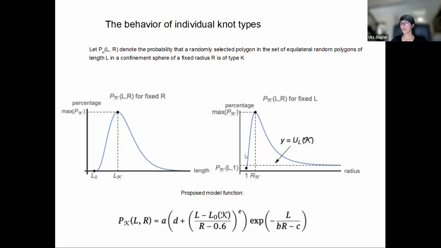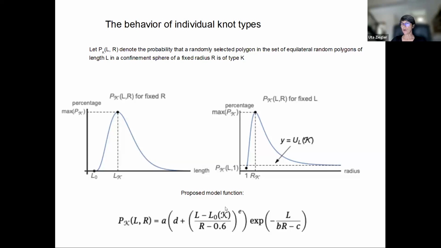Now, this is very strong confinement, so there are lots of polygons which have higher topological complexity, but as the radius increases, smaller confinement pressure, the number of polygons of type K increases again, gets to a single maximum, and then decreases again when the radius gets large enough and we have more and more smaller knots showing up, crowding this out. Now, this doesn't go to zero. It goes to what we call U_L. That's the unconfined value for that knot K. So that would be the probability for that knot K showing up in an unconfined polygon.